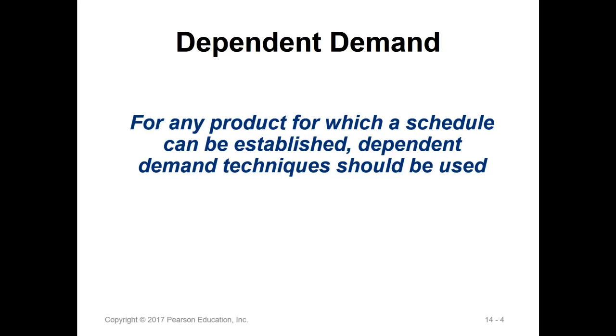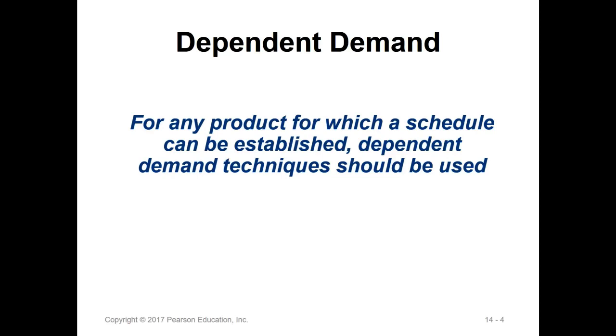Here, we talk about demand that is dependent. For any product for which a schedule can be established, dependent demand techniques will be used. So you will see, if we want to produce like 20 tractors, then you will need how many wheels.